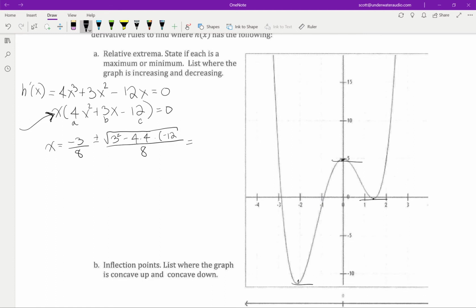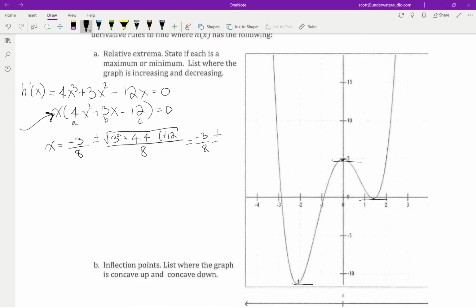Okay, and that's going to take a little bit of math, -3 over 8 plus or minus, let's see, 9, and there's two negatives here, so I'll just change them both to positive. And then I need a calculator for that.